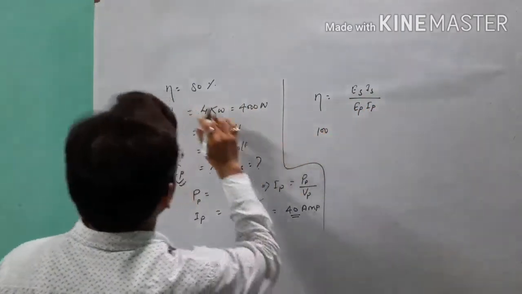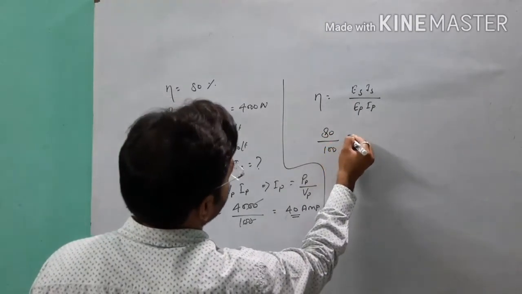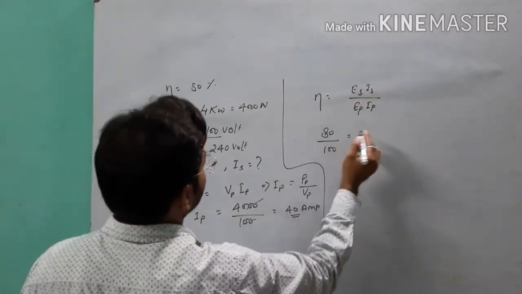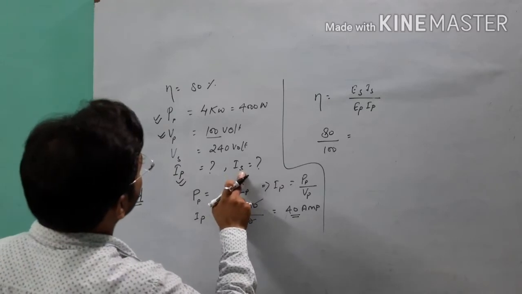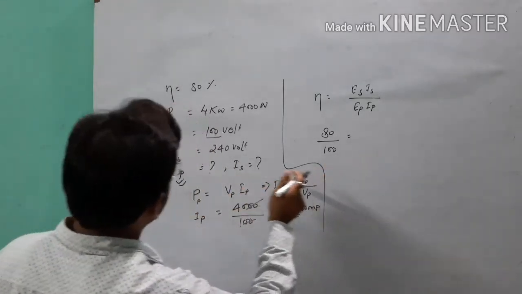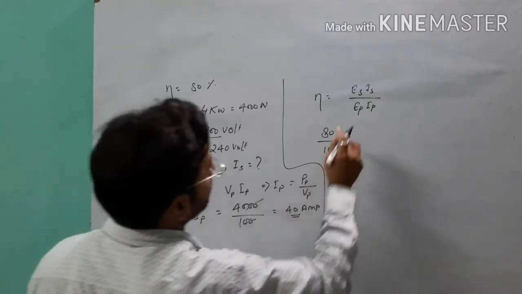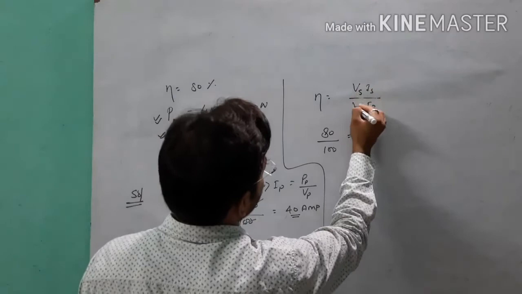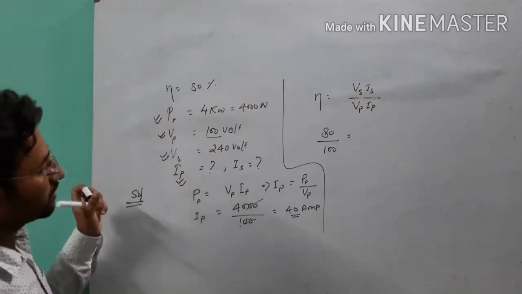Eta we have given, efficiency 80%, it is 80 by 100, and Es into Is is our output power. Es we don't know, Is we want, so here Es is Vs, the voltage in the secondary coil, and Vp in the primary coil.